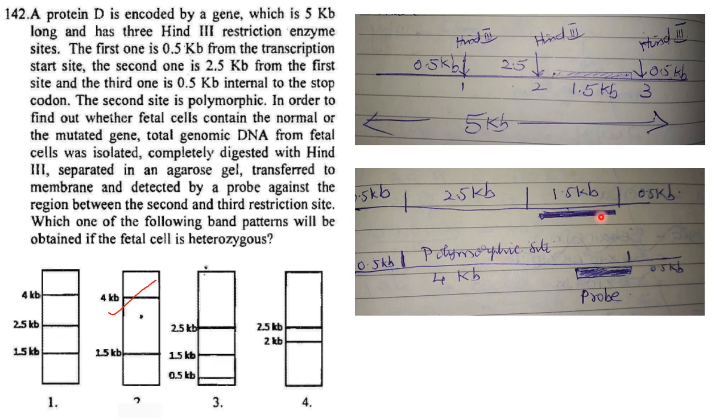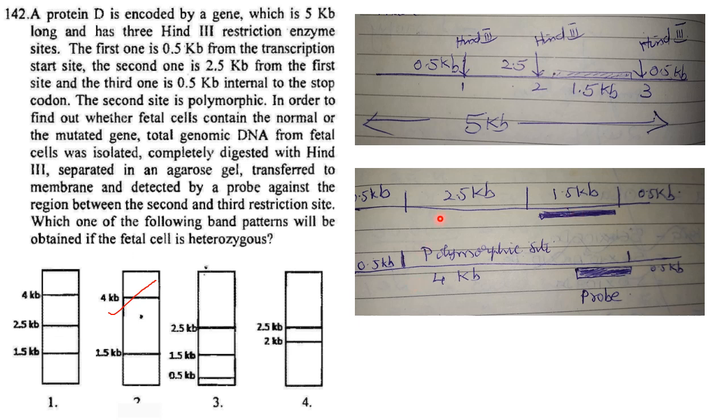Now the probe is 1.5 kb, it's already been told in the question, detected by a probe against the region between second and third restriction site. So it is 1.5 kb and that is the probe region. Hence, wherever this probe region is complementary, only those regions will be visible on the gel.